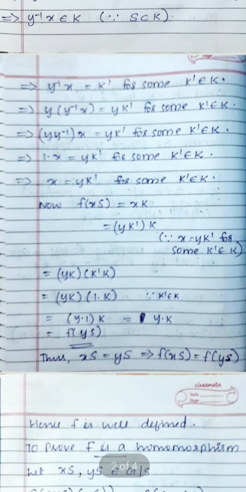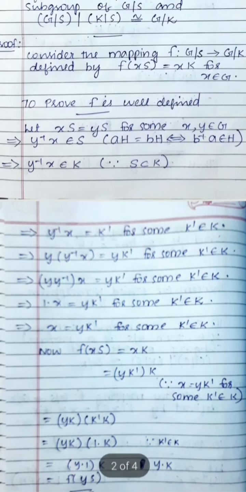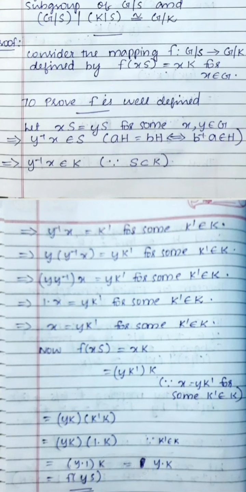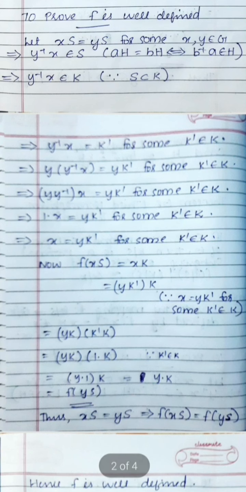If I take the image of xS under f, which I defined from G by S to G by K by f of xS equal to xK, so f of xS is equal to xK. What is xK? Instead of x, I am substituting x equal to y k dash.